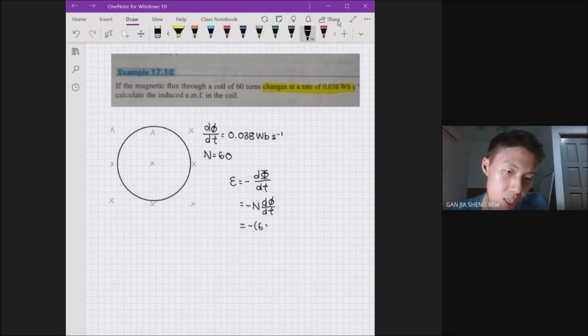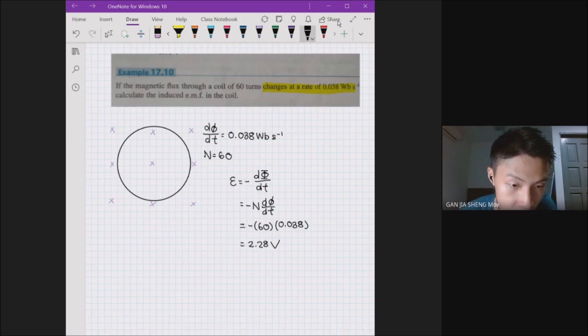Negative 60 times d phi dt, which is 0.038. Then I believe you should be able to get the answer, which is 2.28. And this is EMF, therefore the unit is volt. So it's negative 2.28 volt. Okay, you don't throw away the negative simply.